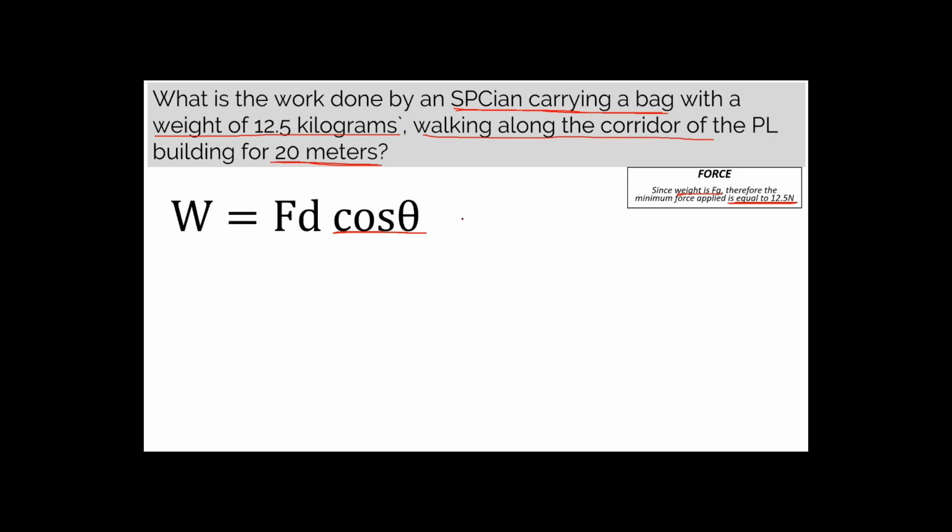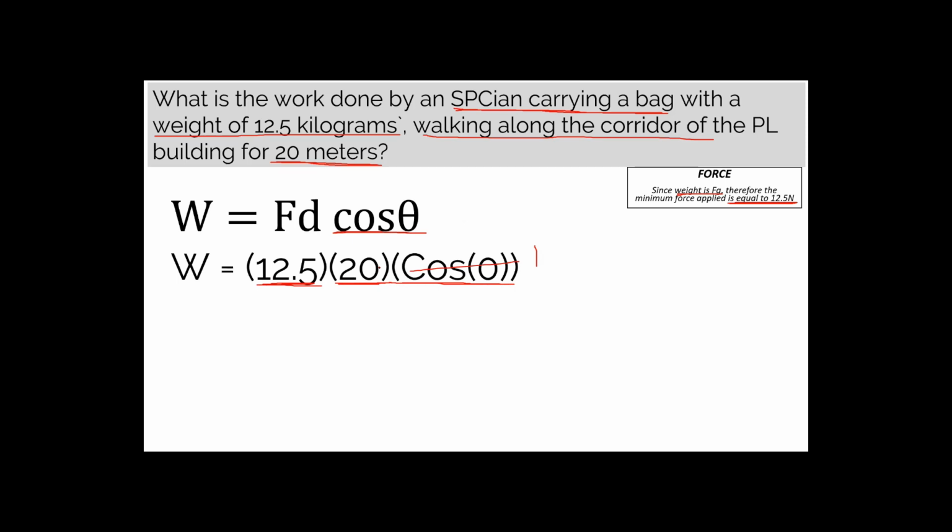So, to complete the equation, we'll have 12.5 Newton, which is the force applied, then 20 meters, which is the distance, and cosine 0, which is the angle of inclination. So if we input cosine 0 in calculator, it is equal to 1.